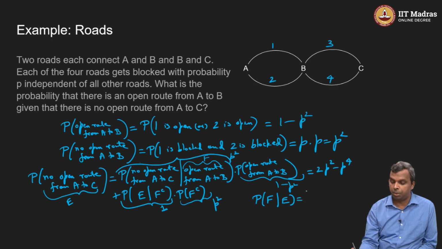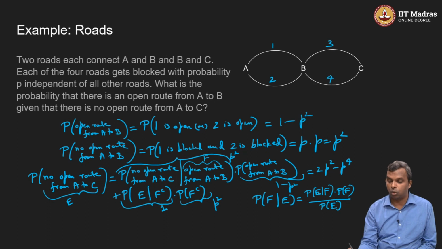That's going to be P of E given F times P of F divided by P of E, and you know all these quantities, right? So what's the probability of E given F? That's just P squared, right? What's the probability of F? That's 1 minus P squared. Here it's 2P squared minus P power 4.